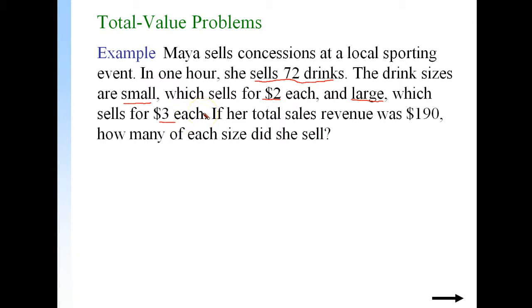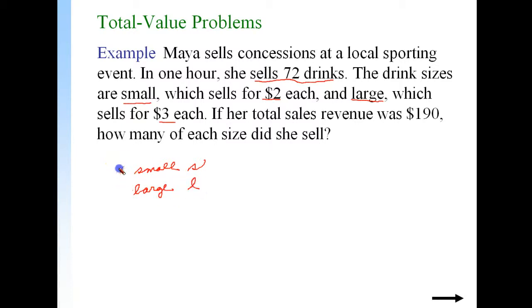So again, we have to translate that into algebra. And I think a good beginning would be to say we have small, and we can use the letter S for that, and large, and we can use the letter L for that.